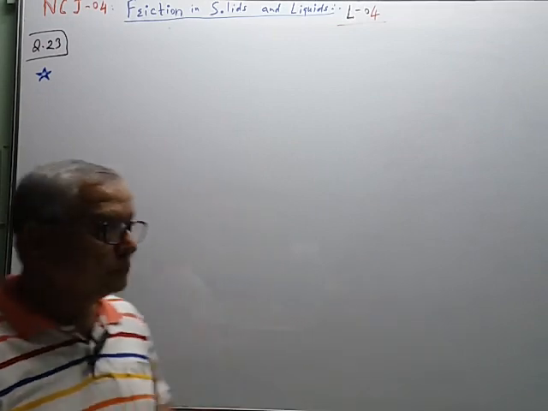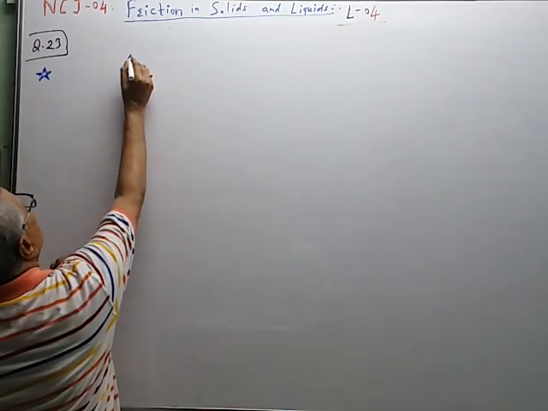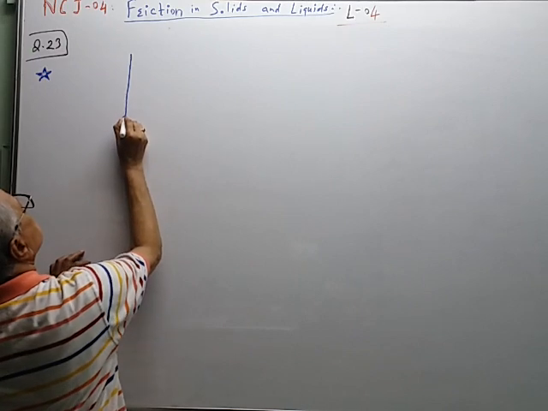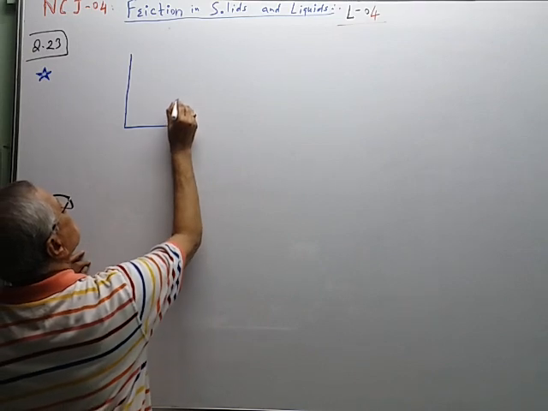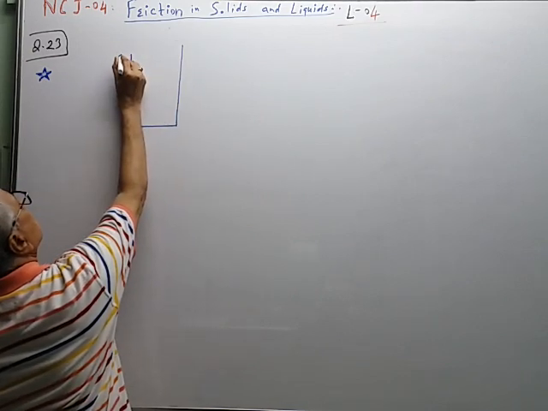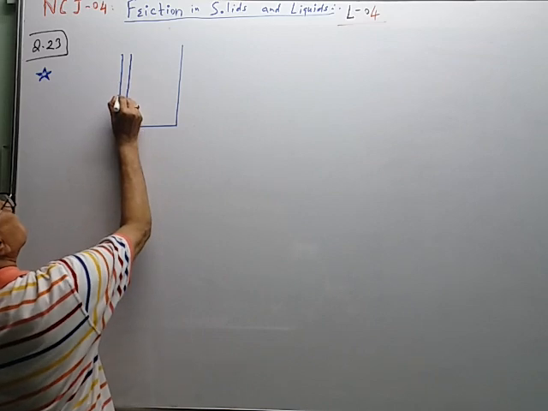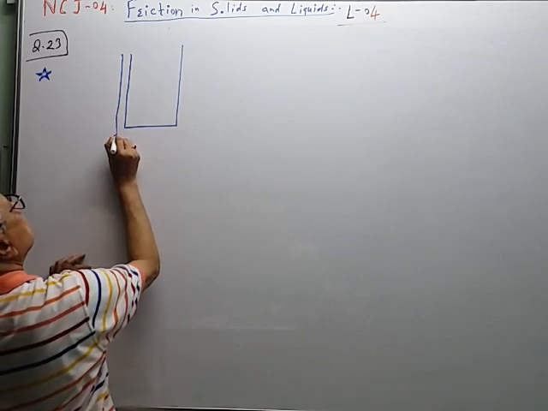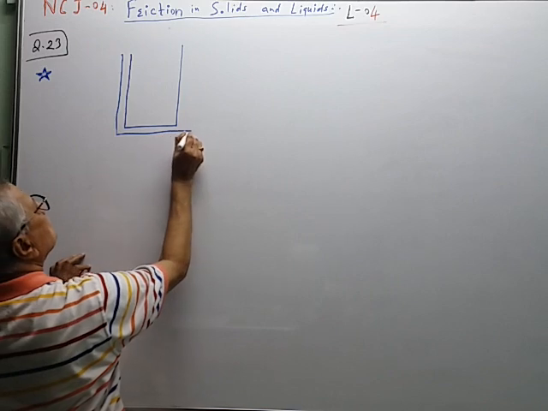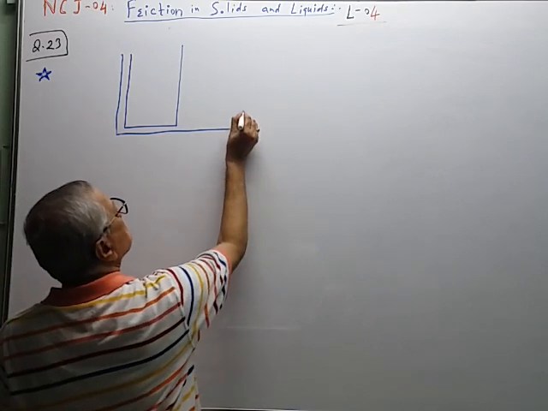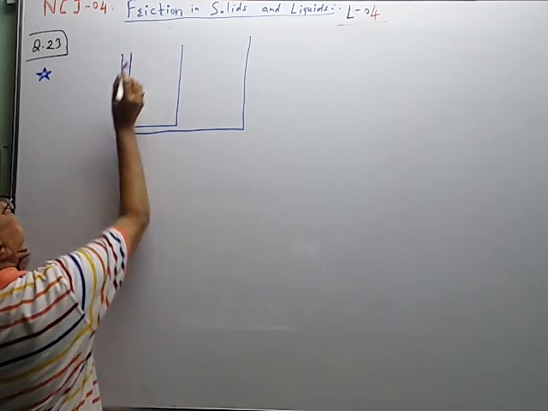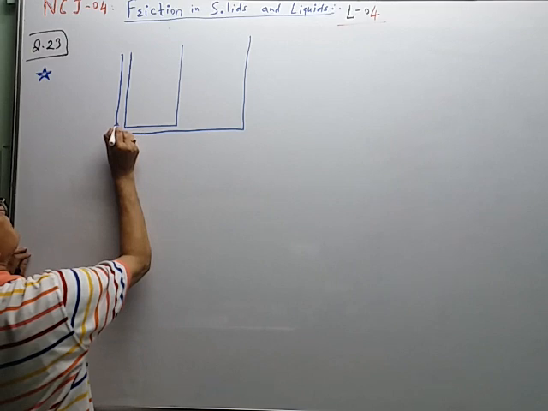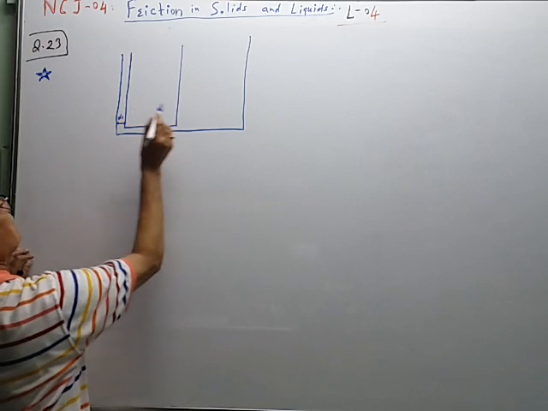So arrangement is like this. These are the two cylinders joined with each other. So this diameter is D1.